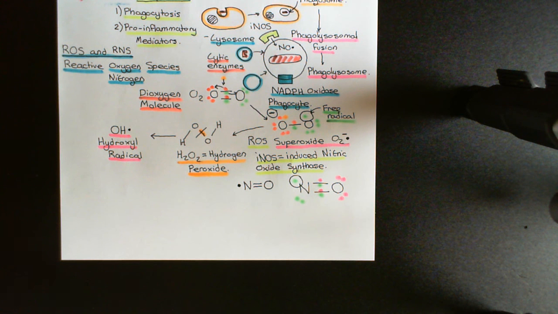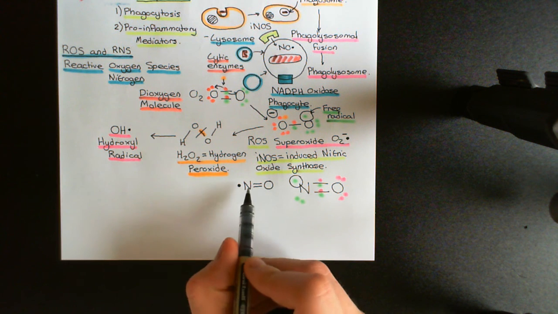Okay, so we produce nitric oxide molecules by this enzyme, induced nitric oxide synthase, and these molecules are going to go into the phagolysosome, and what are they going to do? Well, they're going to react with superoxide molecules to make something extremely reactive.